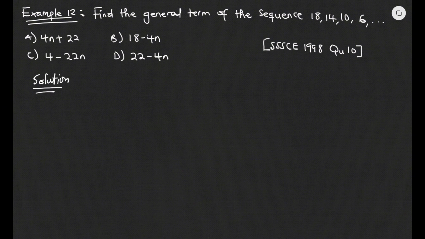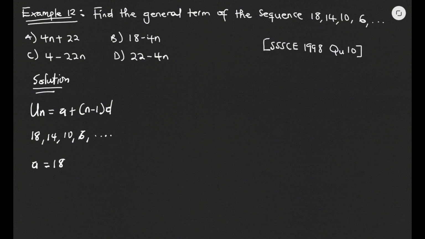So the question is saying that we should find the general term of a linear sequence. Now we know to find the general term of a linear sequence, we use the formula Un is equal to a plus (n minus 1) multiplied by d. Now if I look at the sequence that has been given to me, I have 18, 14, 10, 6, and it continues. This tells me my sequence is decreasing. So my first term is 18.